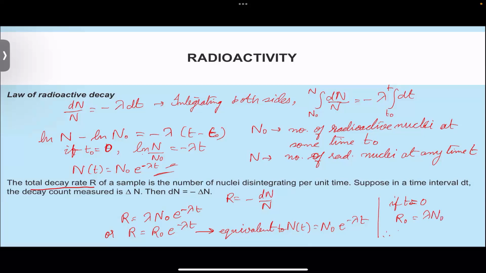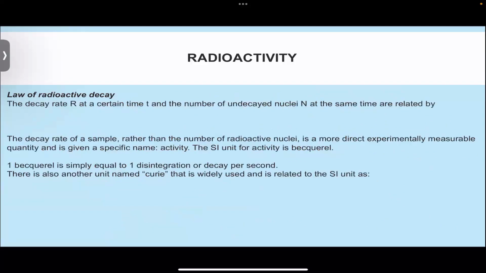Therefore R at any time t can be given as the disintegration constant multiplied by the total number of nuclei present. So the decay rate at any time is just λN.